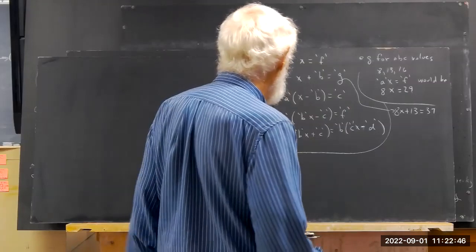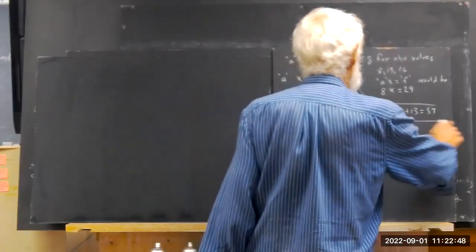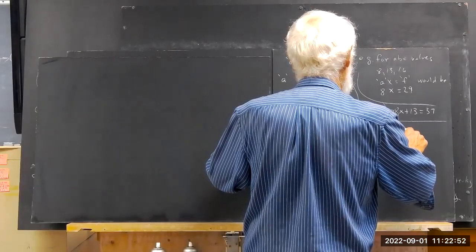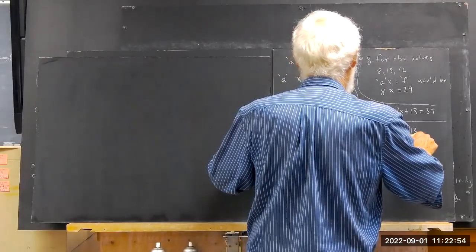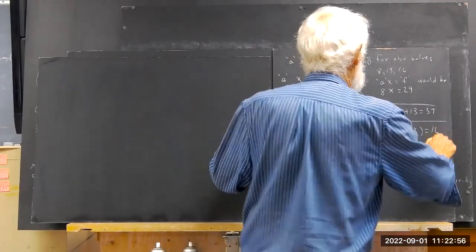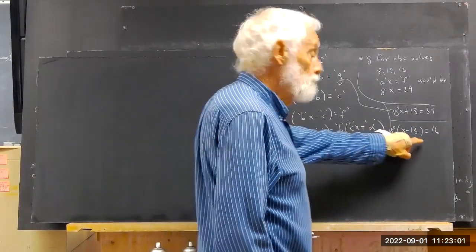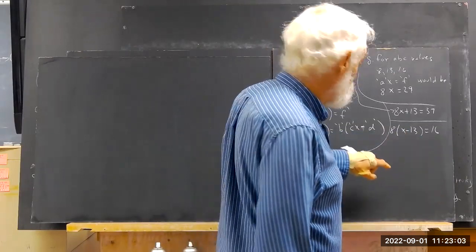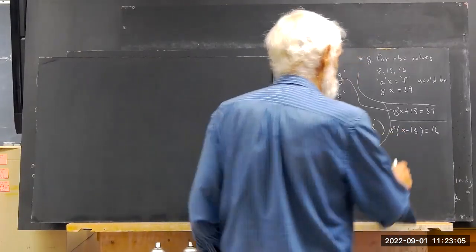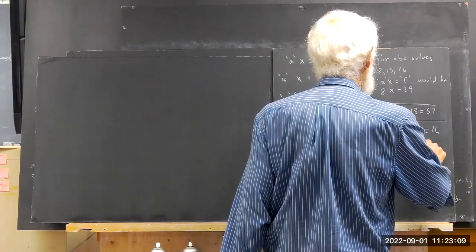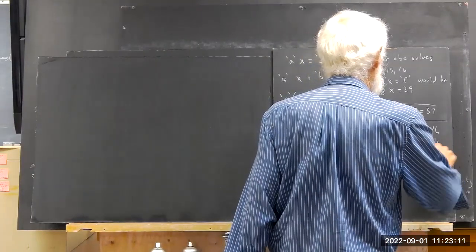We've got to use the distributive law here. So we'll do one step of this. That gives us 8 times x minus 13 equals 16. What do you do with that? You multiply through by the 8. Distributive law says 8 times x minus 13 is 8x minus 8 times 13. That equals 16.